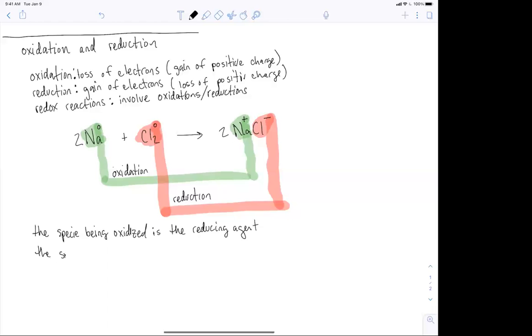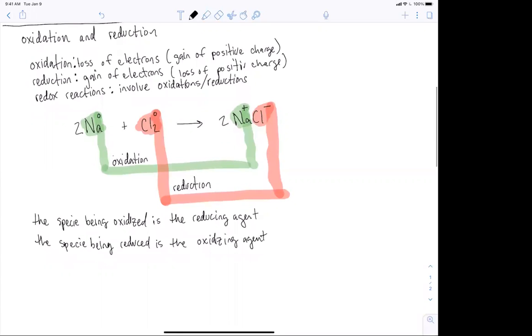The species being reduced is the oxidizing agent. So we have this concept of reducing agent and oxidizing agent. If we come back up here and look at this reaction, the sodium is being oxidized, which means that it is the reducing agent.